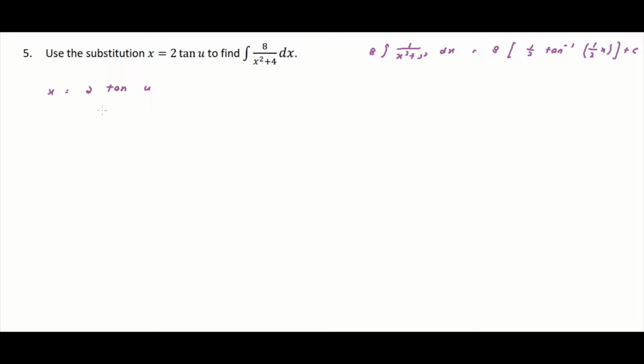For example, for this one, if you want to change it, it will become u equals tan negative 1 x over 2. So you already know how to differentiate this, right? You can do it this way, but if you don't want to, you can do sec also. You will get exactly the same answer. In this case, it's easier for you to do this.